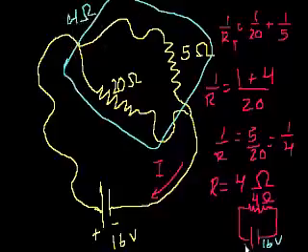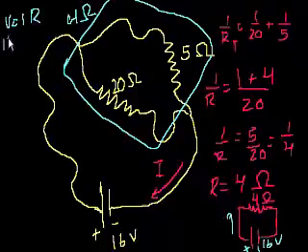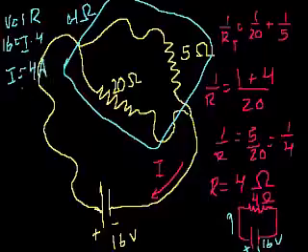Well, if we have a 16 volt potential difference, current is flowing that way, even though that's not what the electrons are doing, and that's what our resistance is, 4 ohms. What is the current? V equals IR, Ohm's law. The voltage is 16 volts. It equals the current times 4 ohms. So current is equal to 16 divided by 4, which is 4 amps.